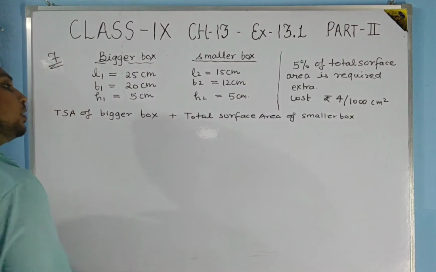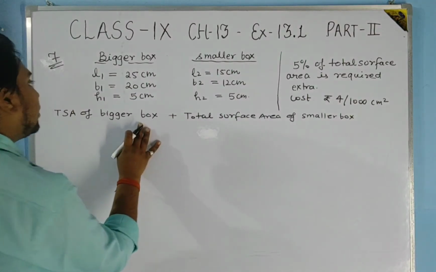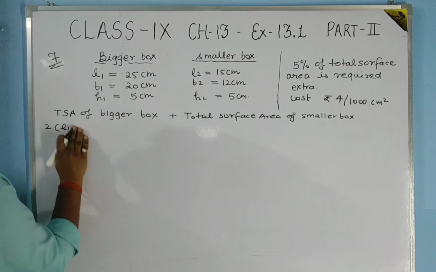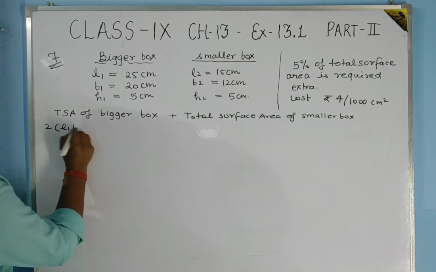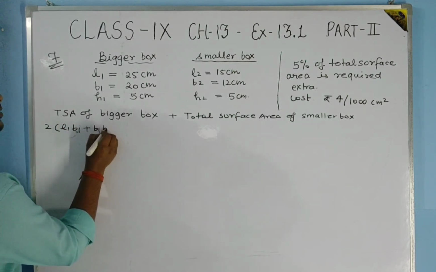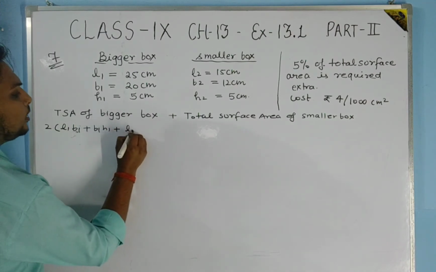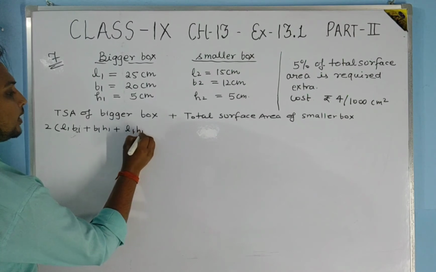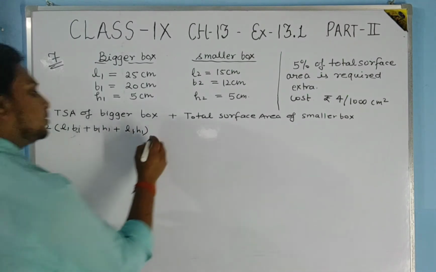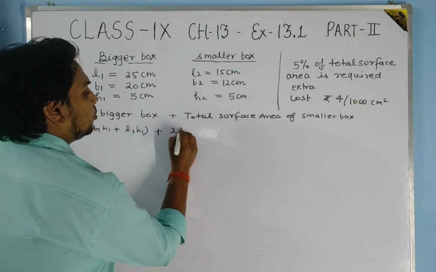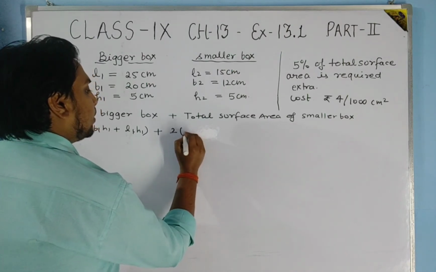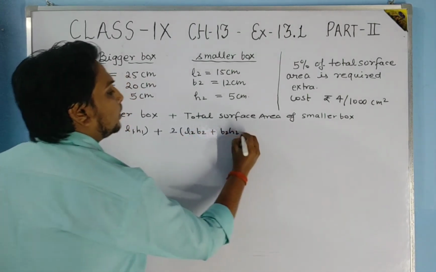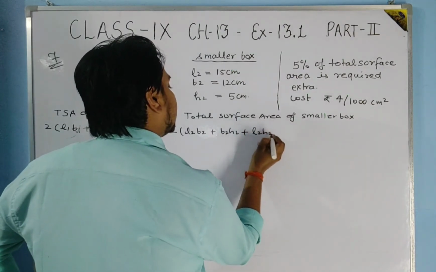So the total surface area of the bigger box will be 2 into (L1 B1 plus B1 H1 plus L1 H1), plus 2 (L2 B2 plus B2 H2 plus L2 H2).